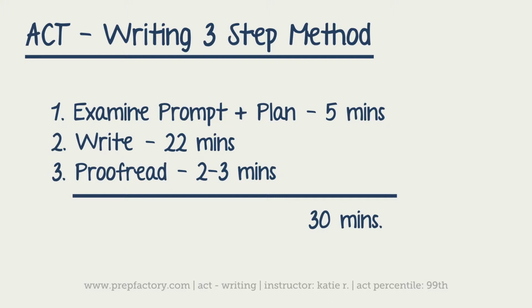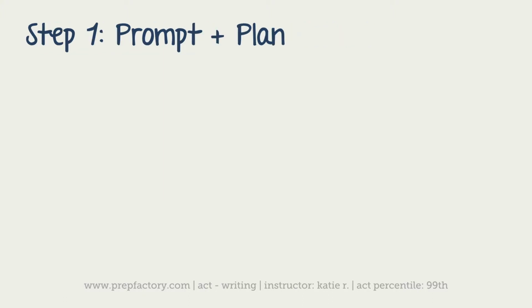All right, so what we're going to do next is pop into each of these steps and really examine what we're supposed to do. Okay, so the first step is your prompt and plan step. We're going to jump into what the prompts look like first, and then discuss how we're going to plan for them.